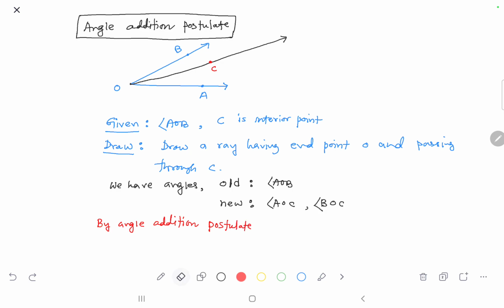The angle addition postulate says that if you take these two angles together, I mean angle AOC and angle BOC, and add these two angles together, first you take two angles having OC as the common ray, right?